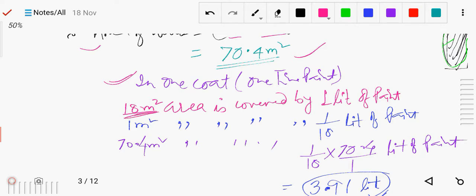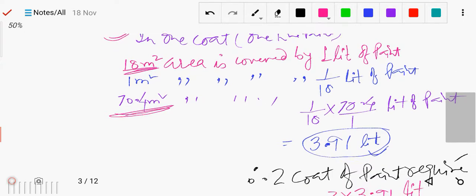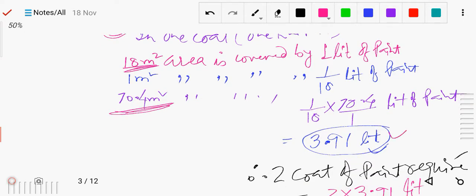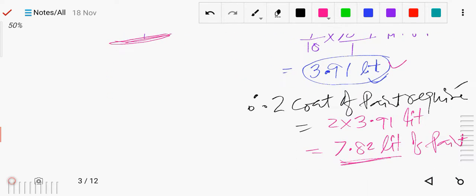So in 1 meter, 1 by 18. So for this 70.4 meter square area, how much liter is required? There will be required 3.91 liter, but we have to do 2 coatings, so we multiply it by 2, and we get 7.82 liter of paint.